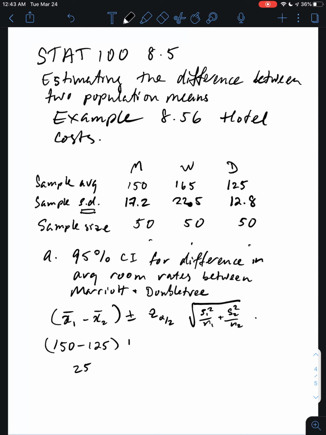So in order to do that, we need to figure out what z sub alpha over 2 is. That comes from the confidence level and our table. So you should know pretty well by now that 1.96 is the appropriate z sub alpha over 2 when alpha is 5%. In other words, when confidence is 95%.